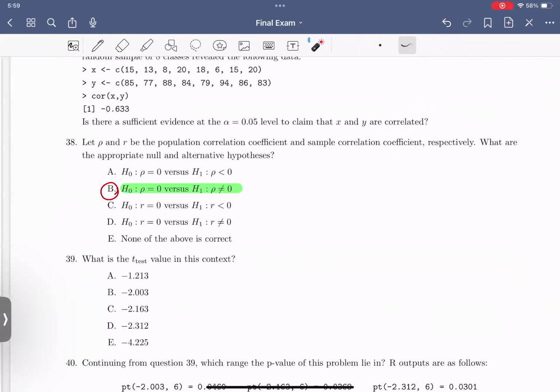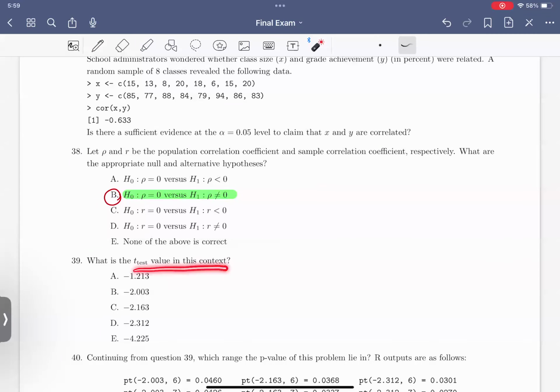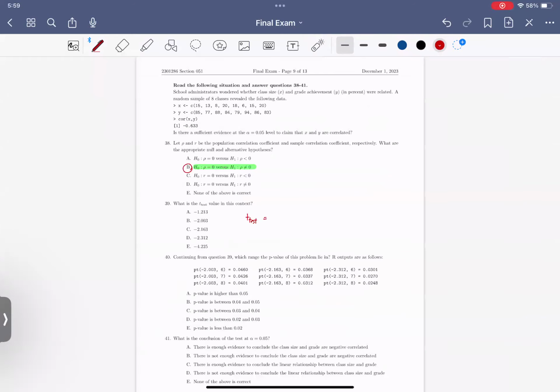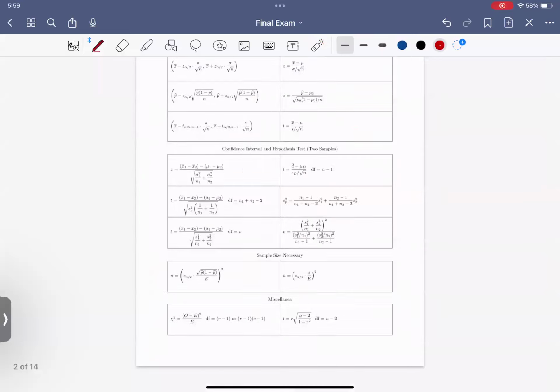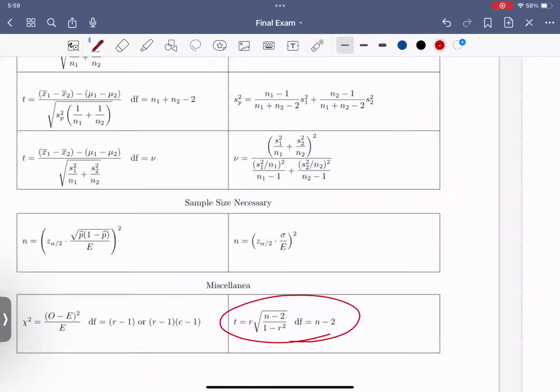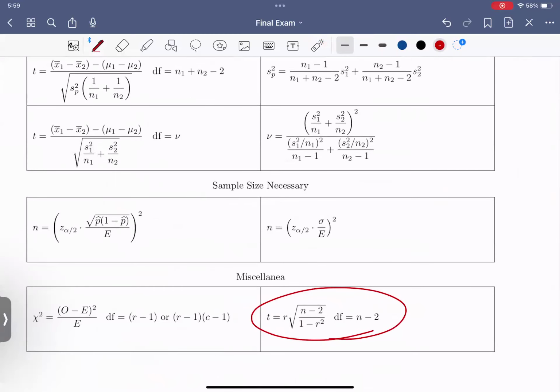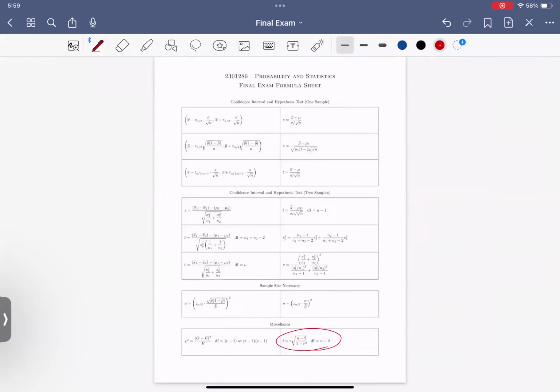All right, what is the t-test for this context? You can take a look at the formula in the formula sheet as well. The formula for the t-test is on the last one, which is r times square root of n minus 2 over 1 minus r squared.